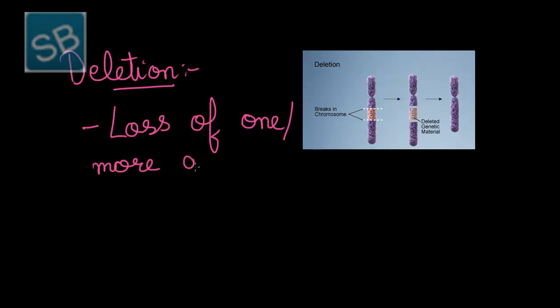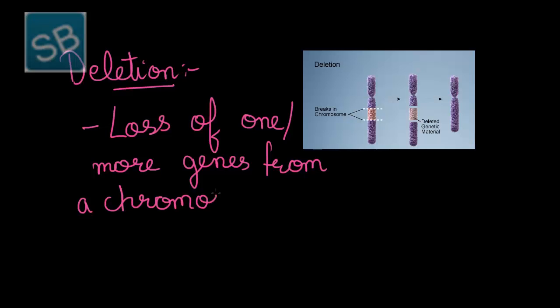Thus, deletion can be defined as the loss of 1 or more genes from a chromosome that occurs due to the loss of a chromosomal segment. Here, the genes are lost, and so the organism shows some defect.